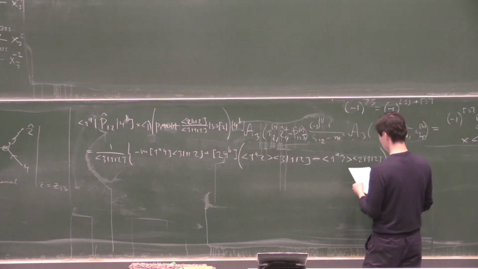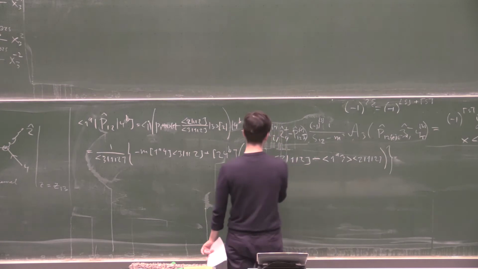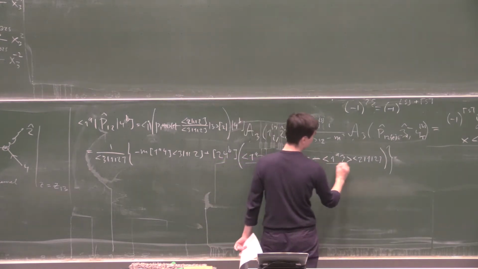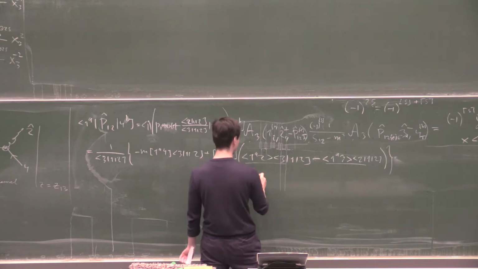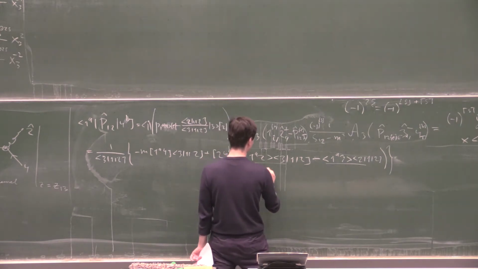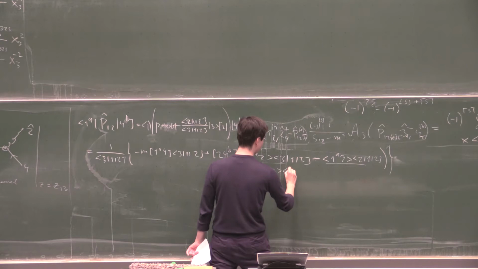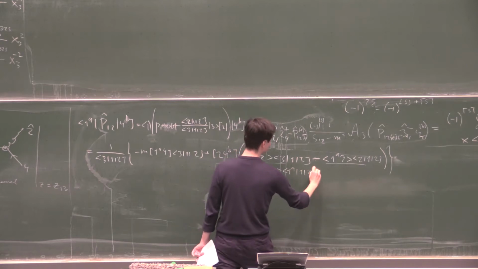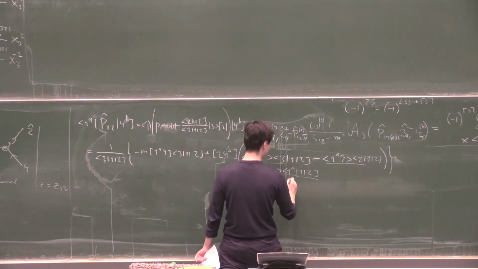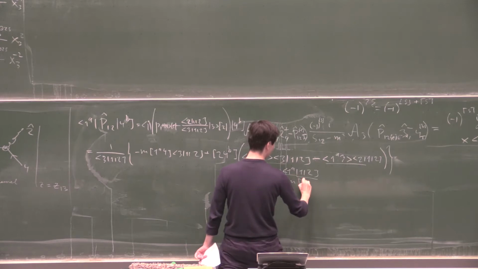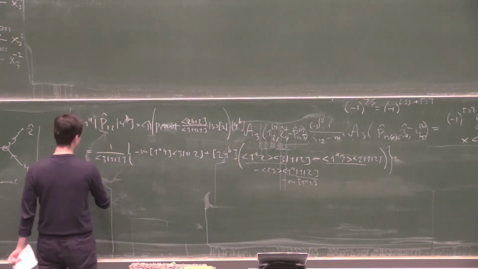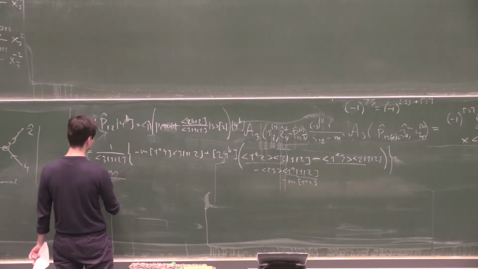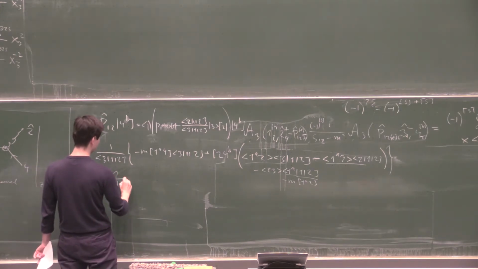Again, I see a Schouten identity with respect to spinors 1, 2, and 3. So what I get is 2, 3, 1A, 1, 2. So this is minus M 1A2. So I gain myself a factor of M explicitly in front.